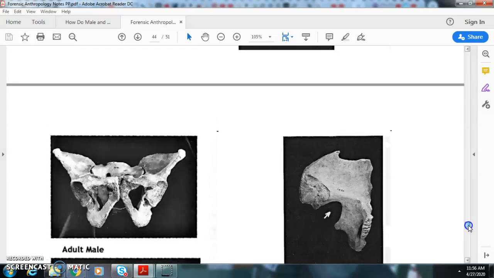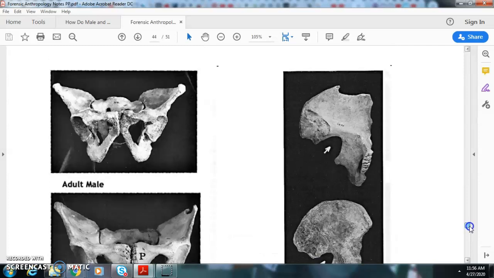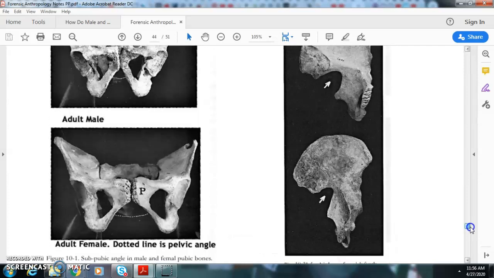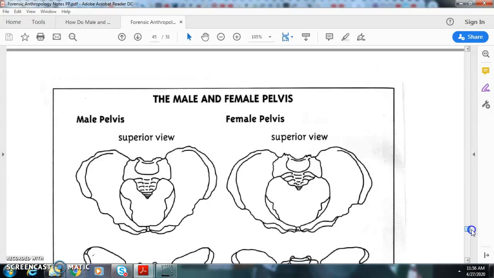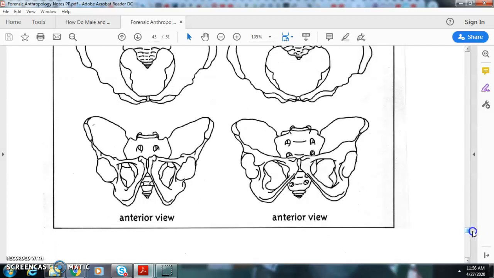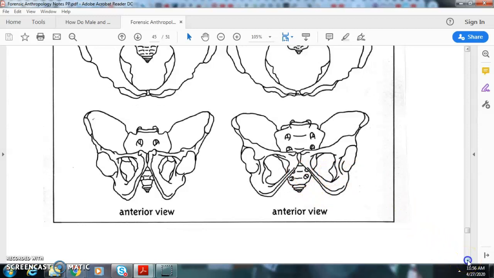Look at adult male, adult female. Huge difference. Got a couple of different views for you. But the big thing when you look at it, I mean, look at this right here. That's a monster difference. Just get your protractor out and you've got it.